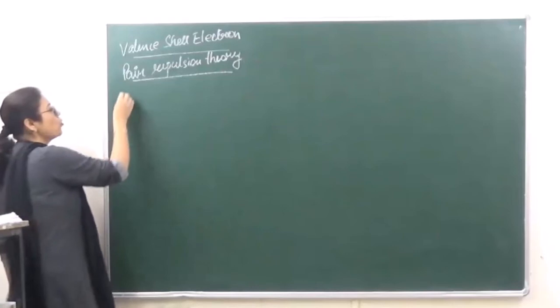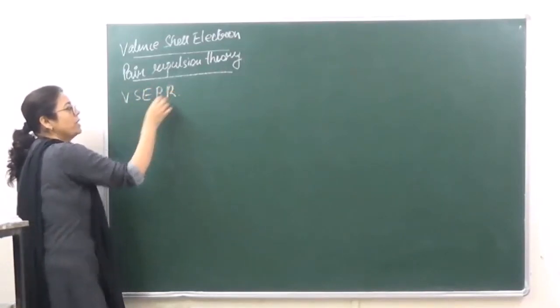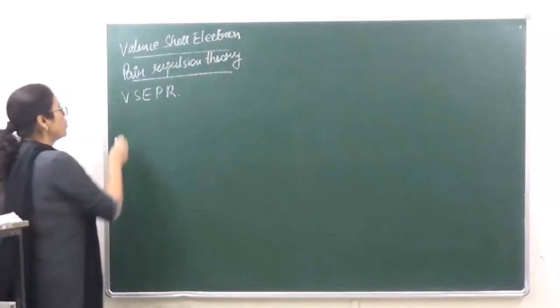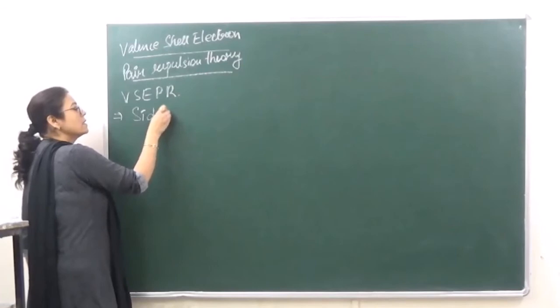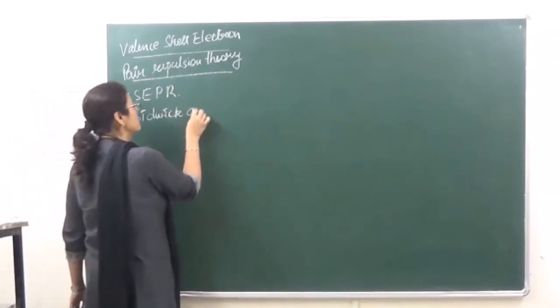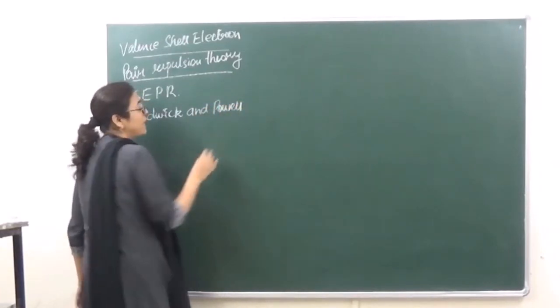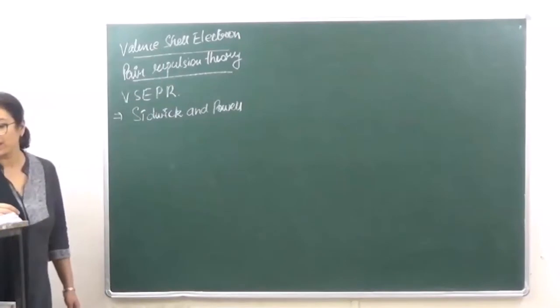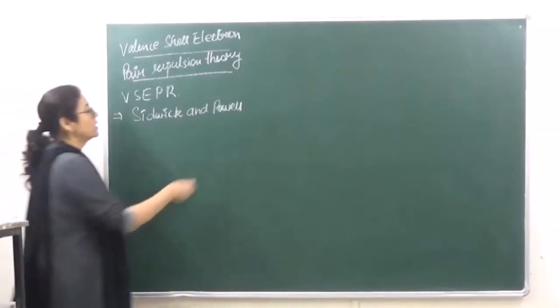This theory is also known as VSEPR theory. The theory was put forward by two scientists, Sidgwick and Powell, right? These were the two scientists who gave this theory in the year 1940.